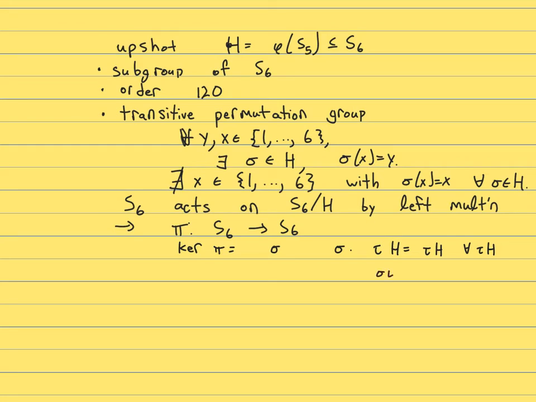But of course, sigma tau h is equal to tau h if and only if tau inverse sigma tau is in H. Or more accurately, you can just use the fact that this is supposed to be the intersection of sigma H sigma inverse over all permutations. That's something you can prove, and it's one of the homework exercises in the book I didn't assign.